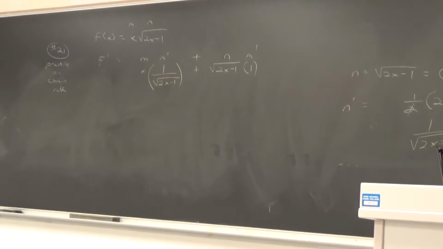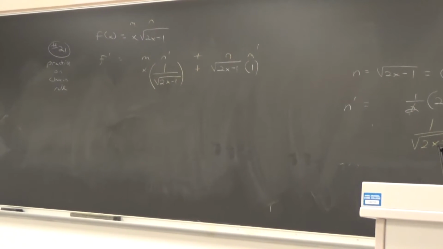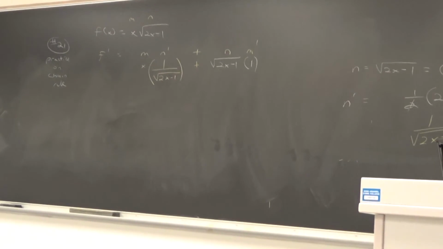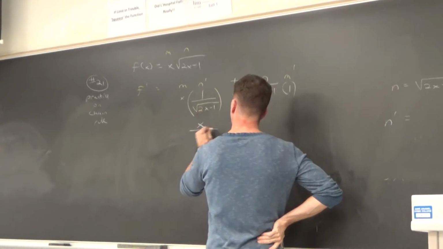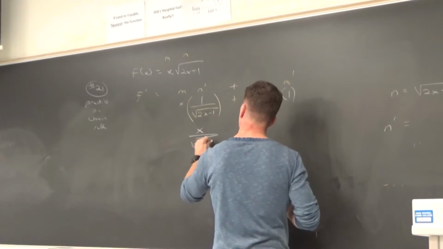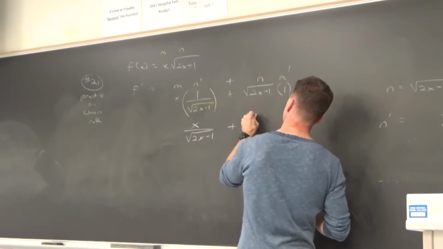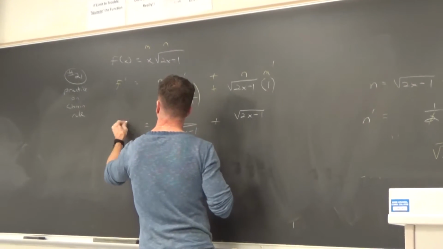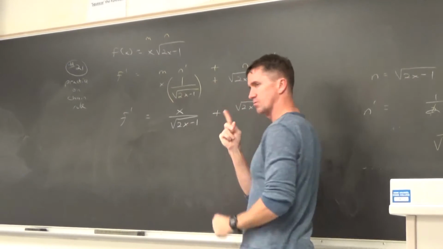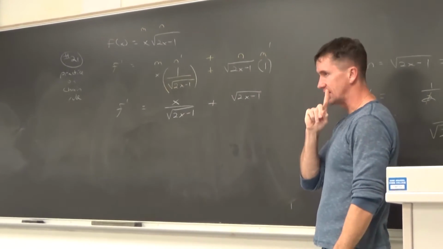From here on out, it's just algebra. Common denominators and things like that. So let me write this again: x over the square root of 2x minus 1, plus the square root of 2x minus 1. I'm done. Now I'm going to write this as one fraction. Common denominators.